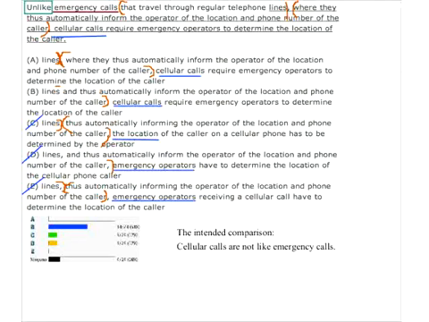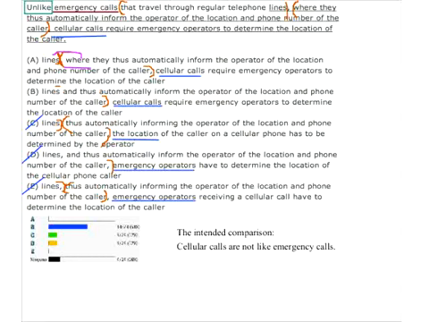So A and B. Nobody picked A, so there should be some explanations forthcoming here. Why did you guys eliminate A? What's wrong with it? Yeah, where is the problem? It's actually kind of funny if you think about it.